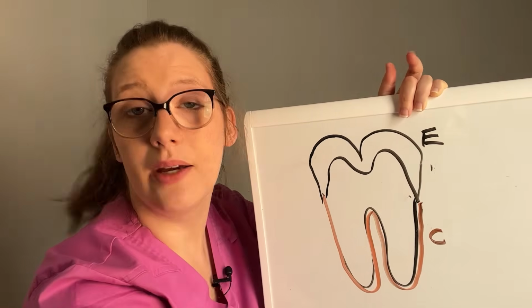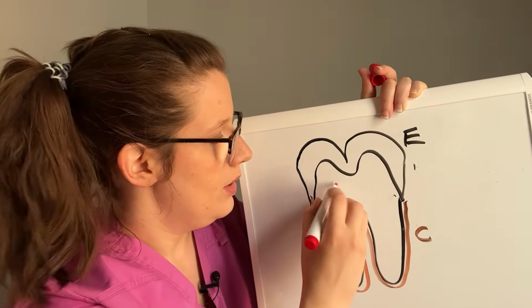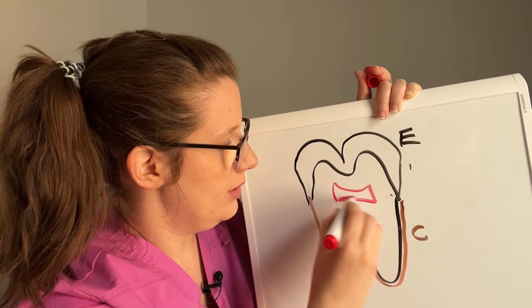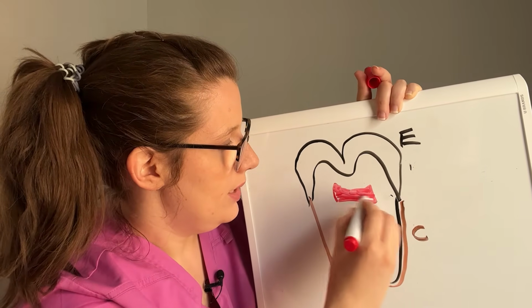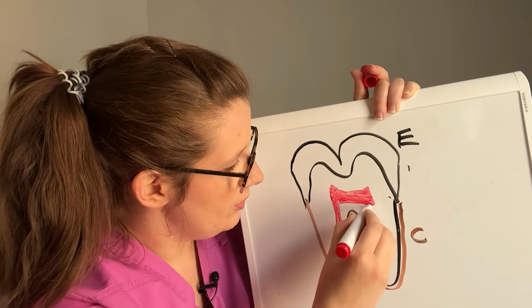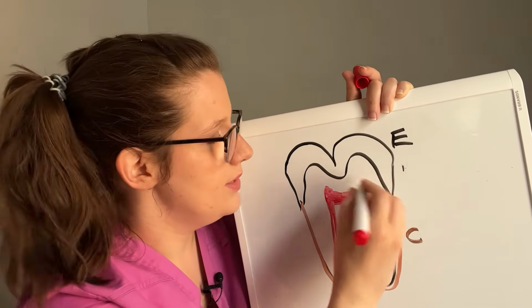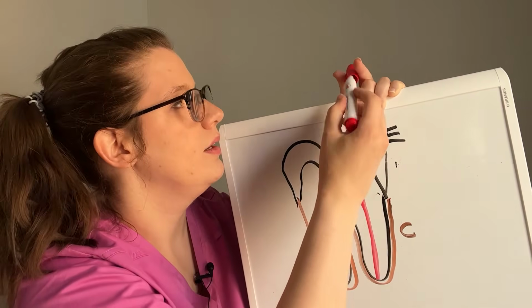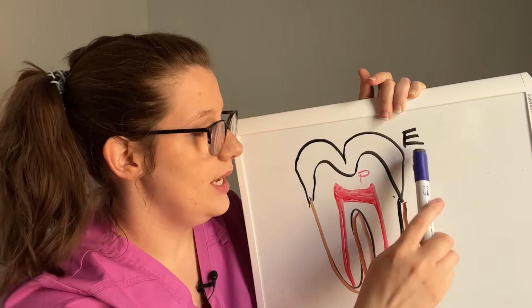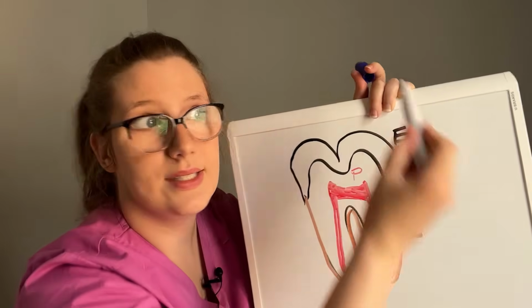Then I'm going to take my red pen to color in the very center of the tooth for that soft tissue layer, the pulp. And I'm making it red because it contains blood vessels and nerves, and it's just like a mini version of the tooth, shape-wise. And this is the pulp. The layer that goes underneath the enamel and cementum and completely covers the pulp is the dentin.